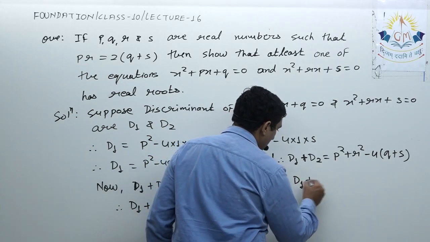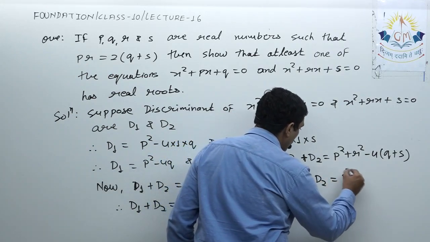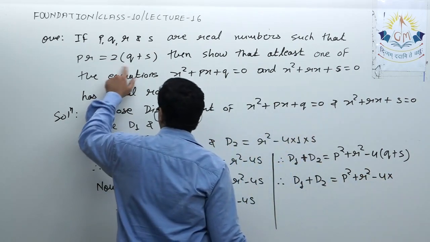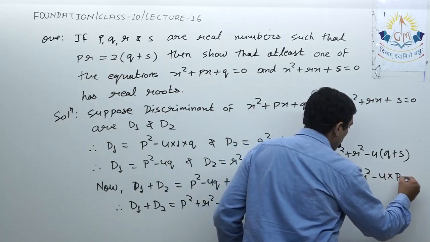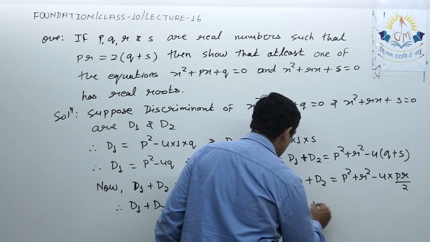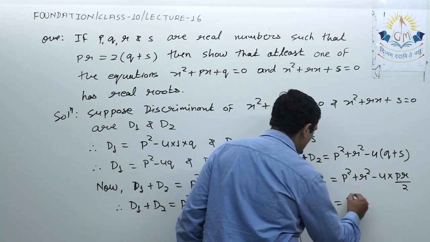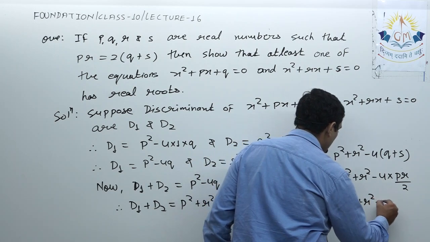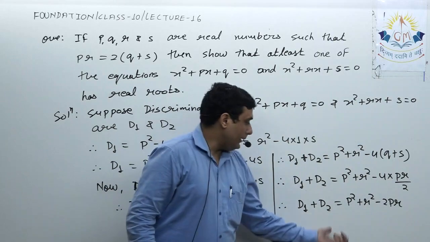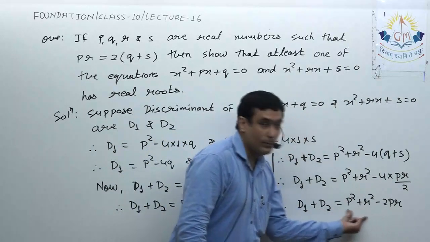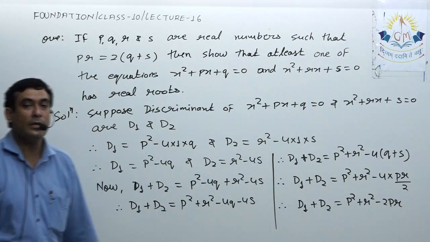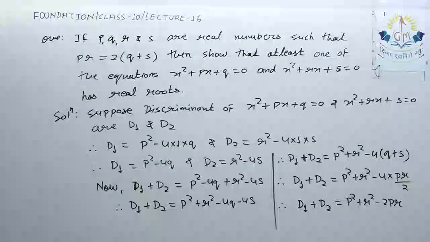Therefore d1 plus d2 is equal to p square plus r square minus 4 multiplied by pr upon 2, which is p square plus r square minus 2pr. Now I hope you got the concept that this becomes a complete square. So note it down up to this point, then I will give you the remaining solution.